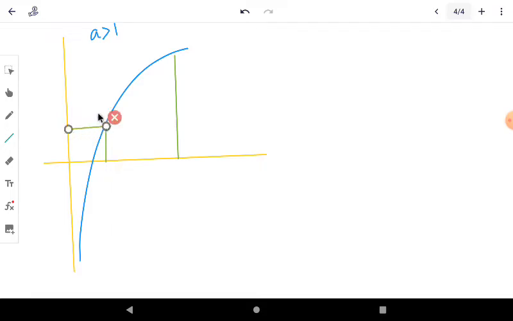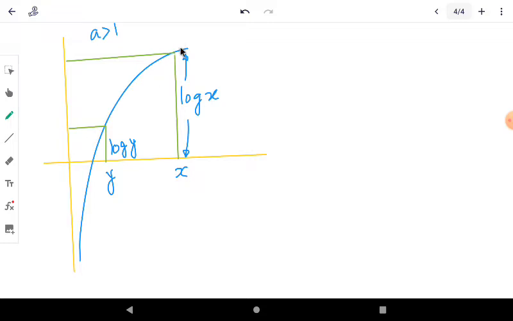I will join this with this and this with this. Now this is x, this is y, guys. So this length is log x, and this length is log y.